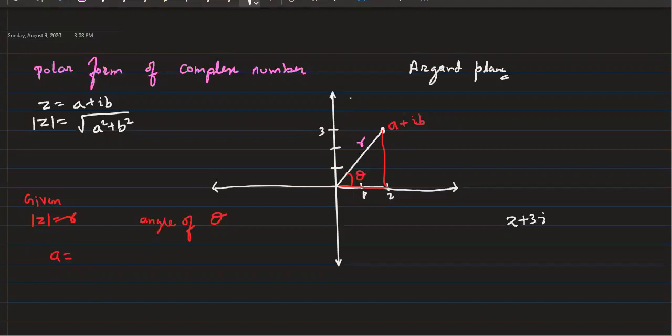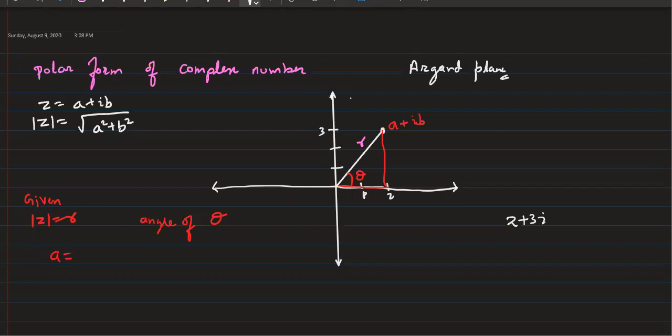Now, it is same as resolution of vector, where length of vector was given and you are asked to find x component and y component. Yes or no? Yes, Snigdha. Very good.